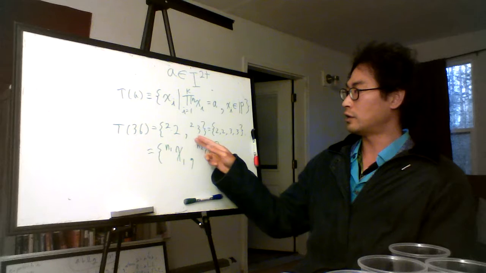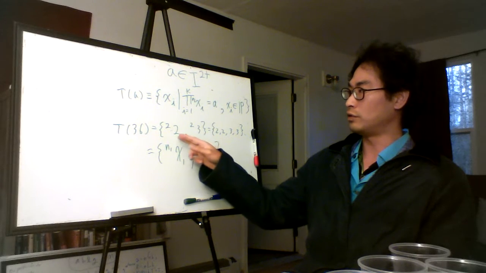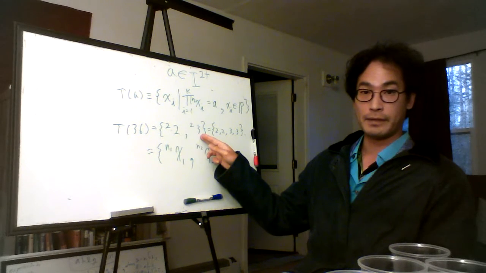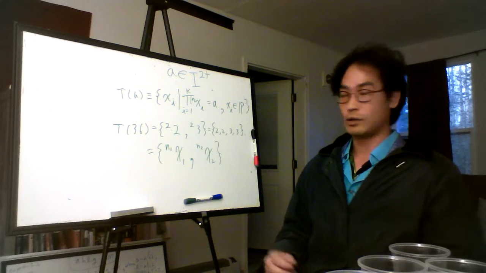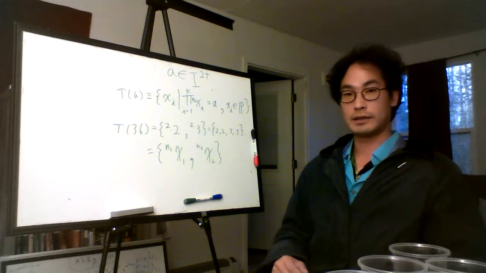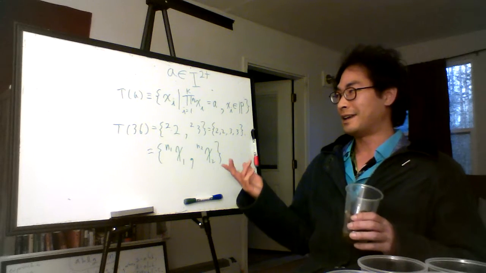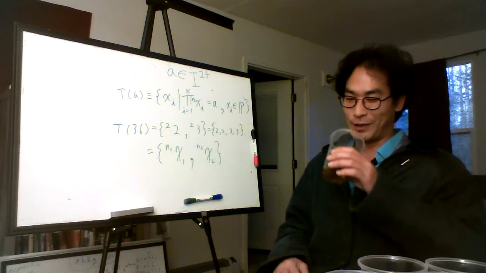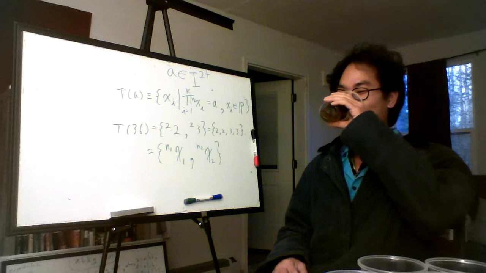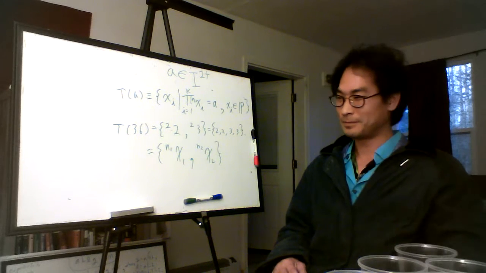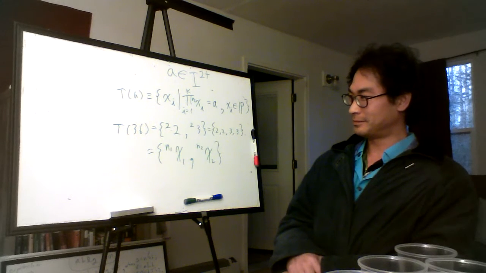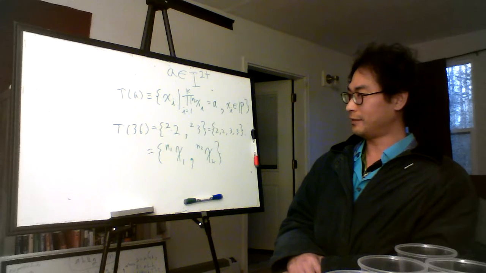Put 2 first and 3 second because 2 is less than 3. So, a well-ordered set. Although ordering doesn't really matter, it kind of matters, okay?